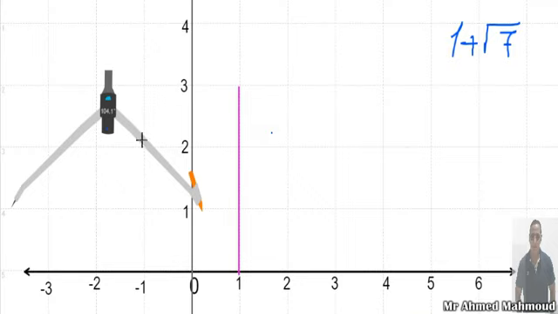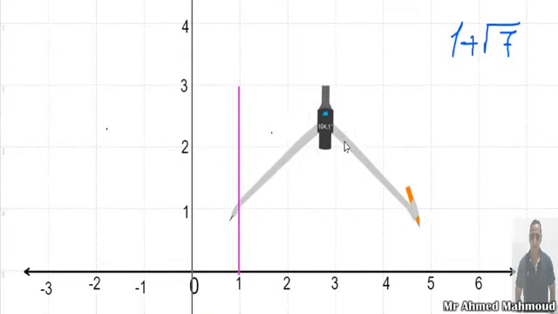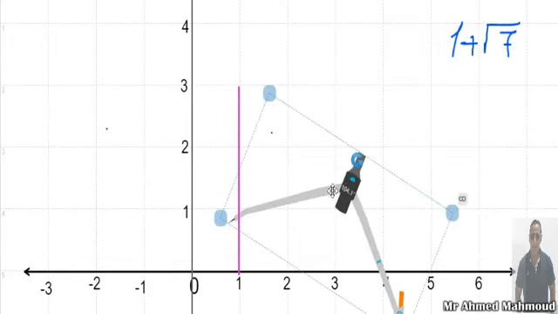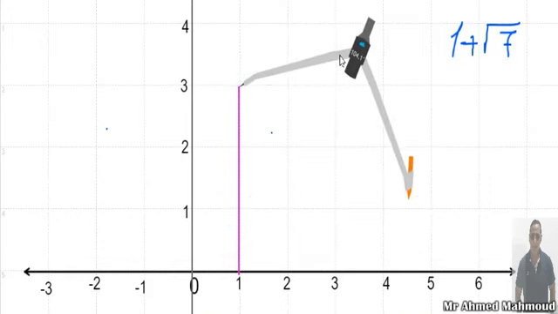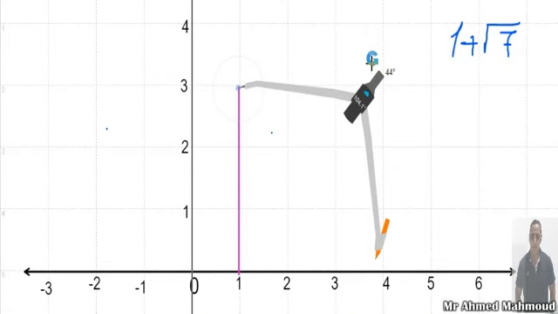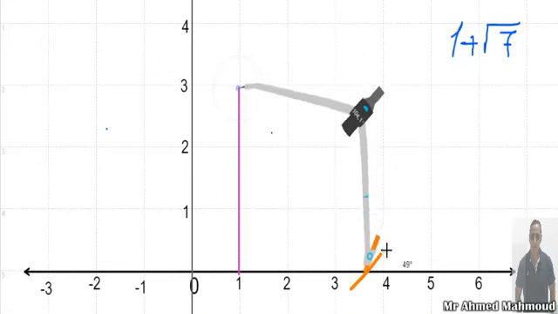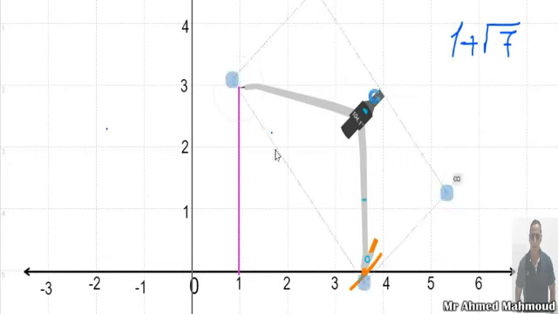Now I'm going to stand with the compass here like this, and I will draw a curve like this. This distance from 1 to 3 point whatever represents root 7 and this one represents 1, then finally it will be 1 plus root 7.